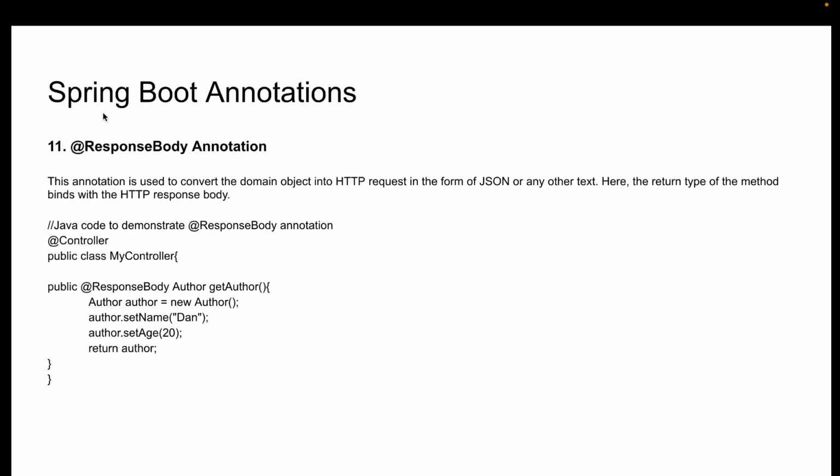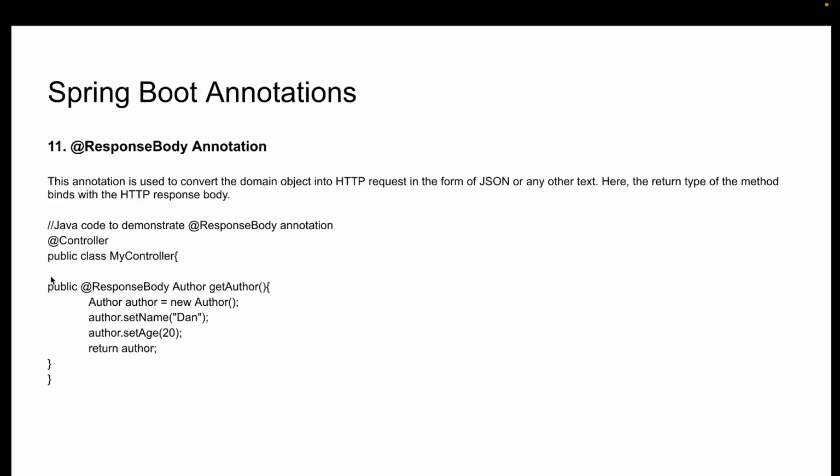Now this response body annotation is used to convert the domain object into the HTTP response in the form of JSON or any other text. Here the return type of the method binds with the HTTP response body. So see this class, see this example. This is again our controller class. We can use @Controller or we can use @RestController over this.